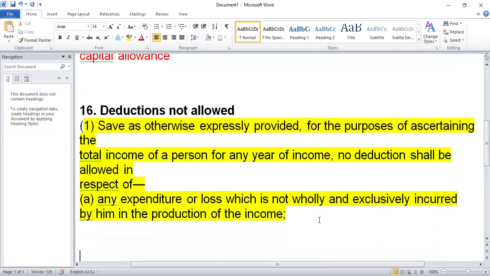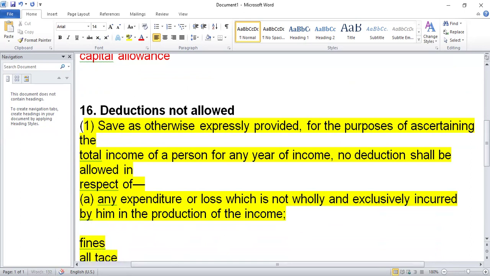What do we talk about here? Any expense that you incur that is not relating to the production of that income, let's say illegality, fines, should not be deducted because they don't relate to the generation of that income. Another expense is all taxes.